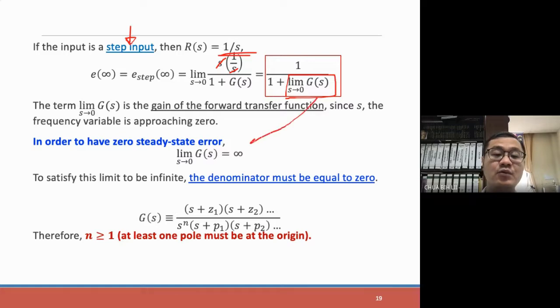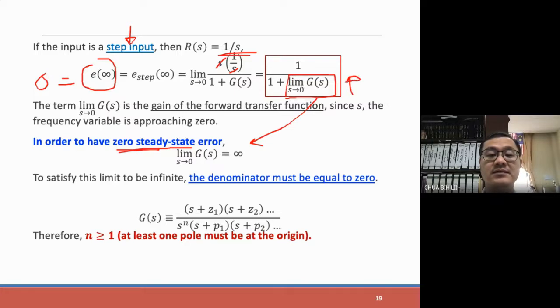Now, in order for us to have a zero steady state error, in order for this to become 0, we would like to have this value as high as possible.